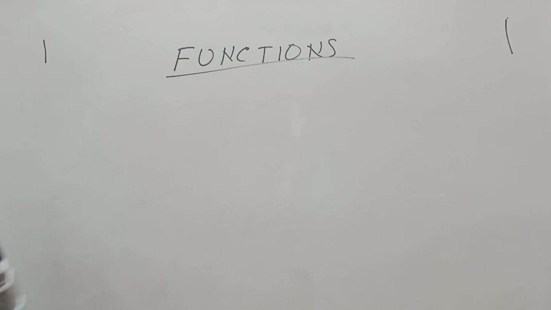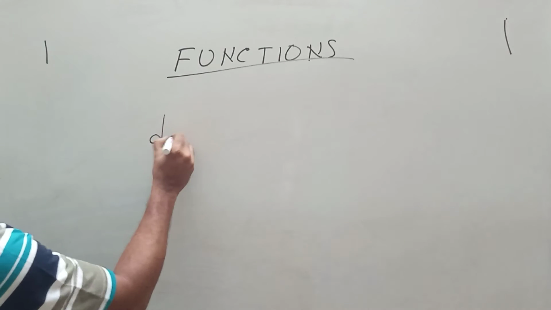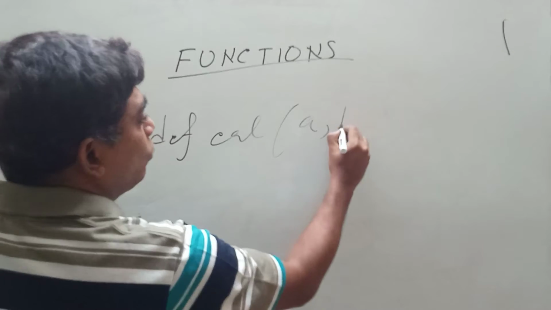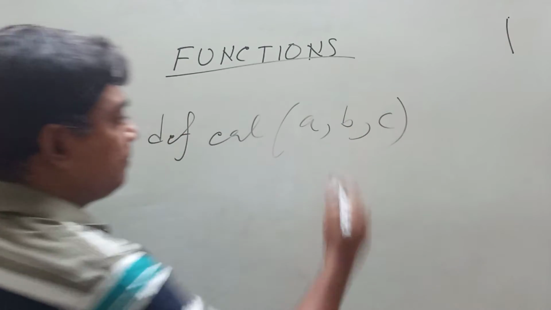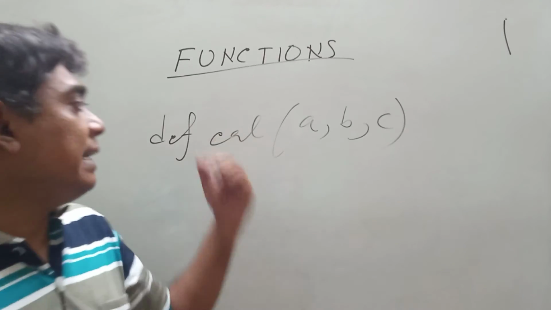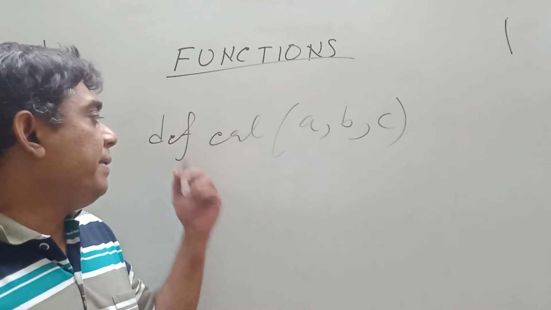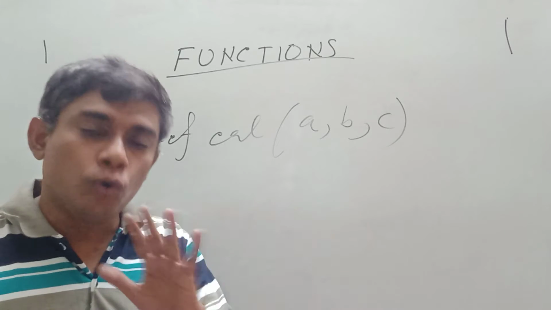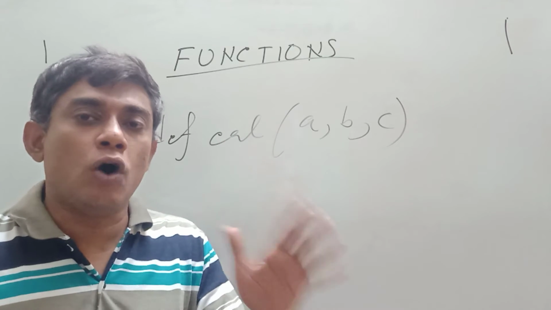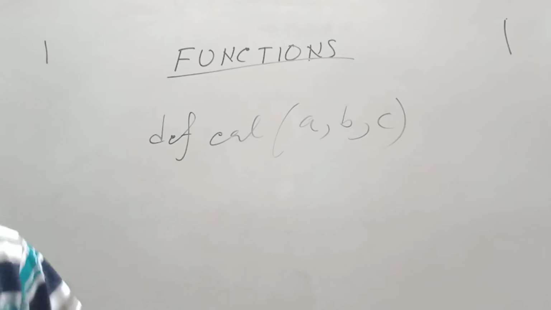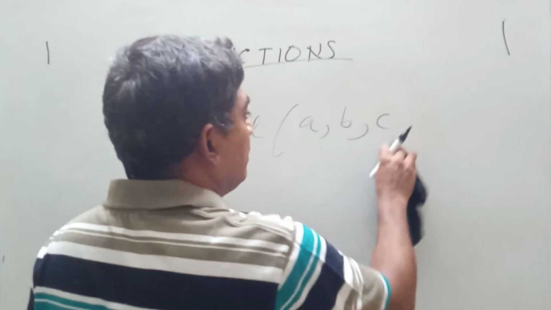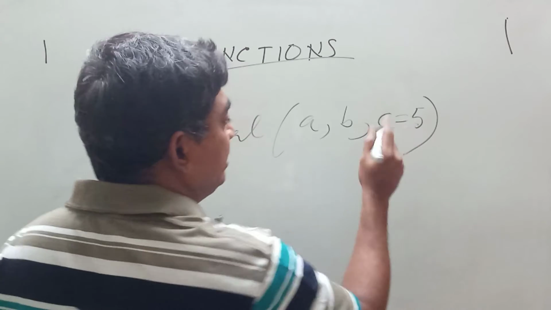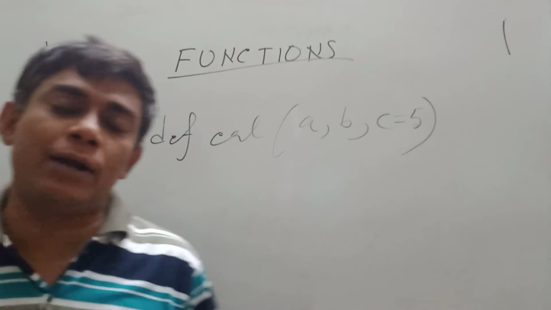Now see, suppose we have a function def cal. Suppose there are 3 arguments A, B, C. So here cal is the name of the function, def is the keyword, and there are 3 arguments A, B and C. We don't know what is the value of A, B, C. Now if you write here A comma B comma C equal to 5, so this is known as default argument.